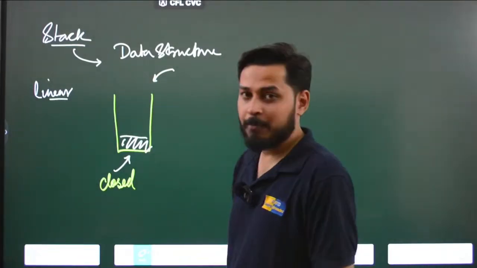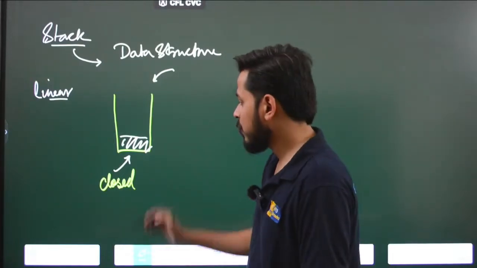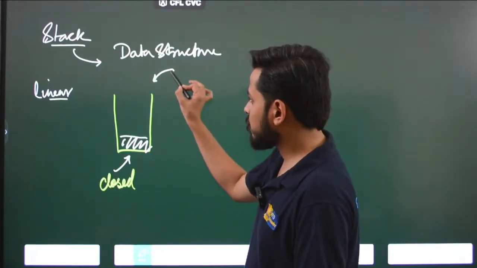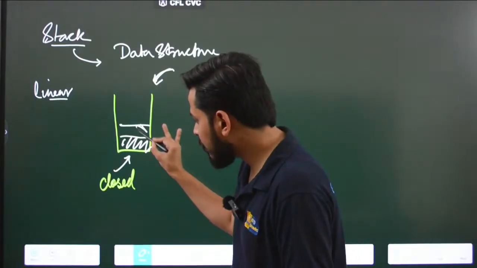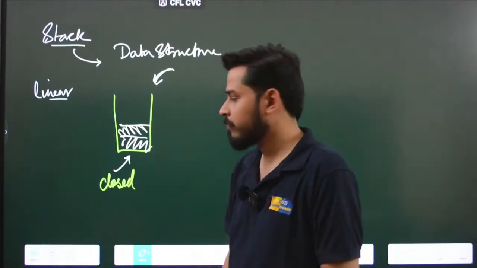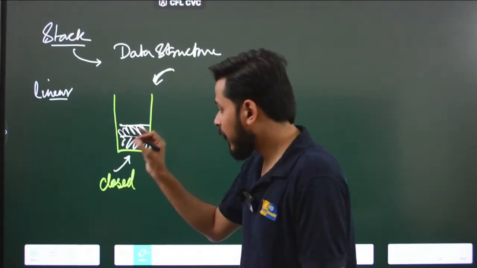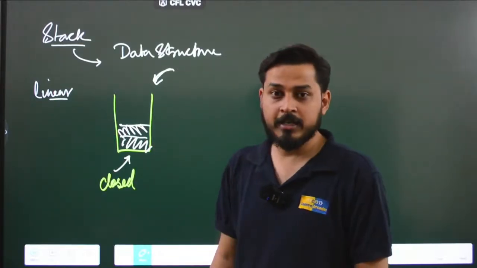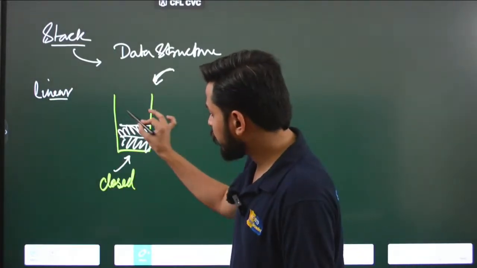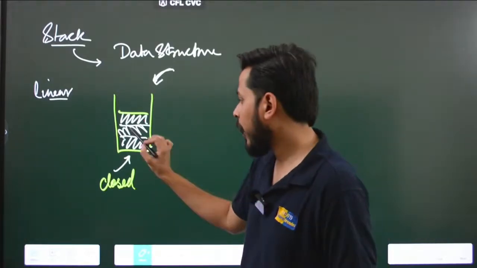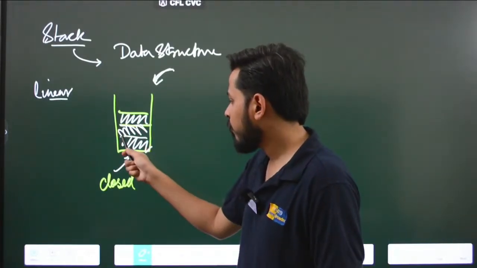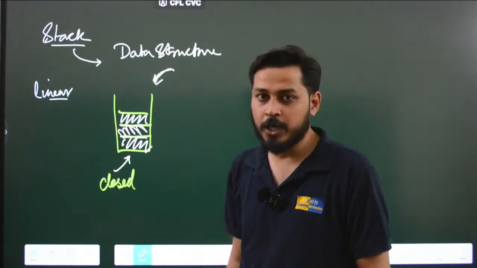Once this happens, if I put one more element, that next element goes directly above that. Even if you push more and more elements until it is fully filled, you can do it.